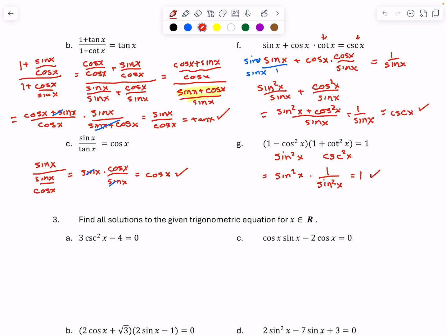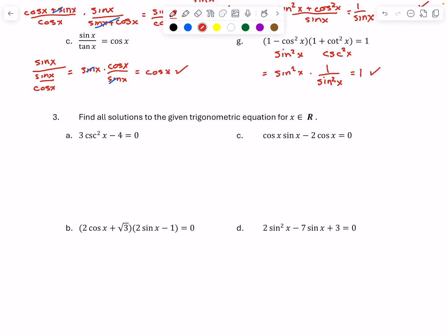Yay. Okay. And now some equation solving, the stuff we love the best. Let's move the 4 over and divide by 3. So don't forget the plus or minus.